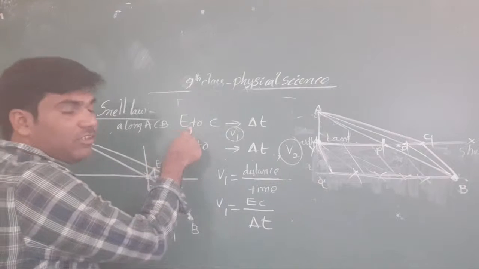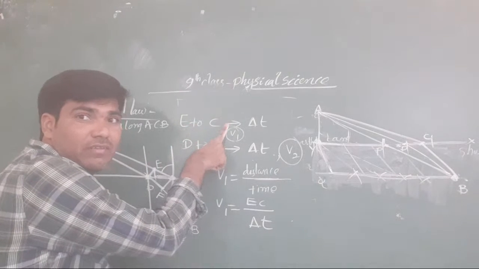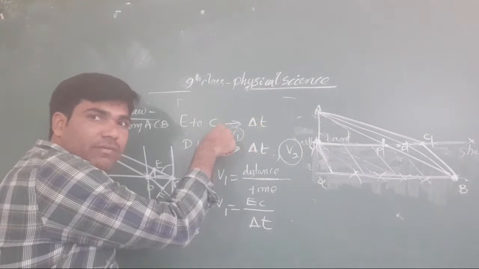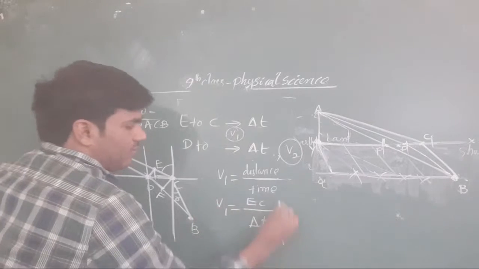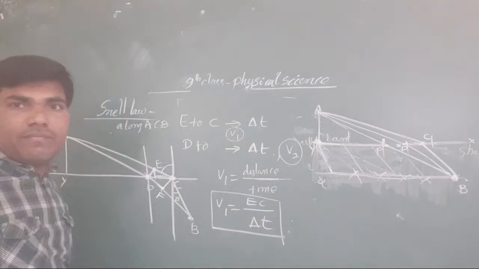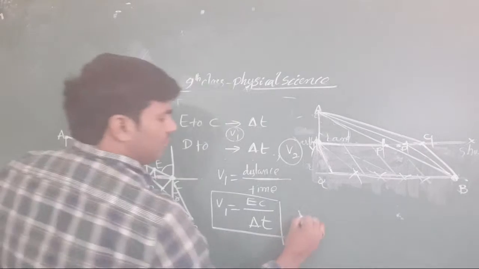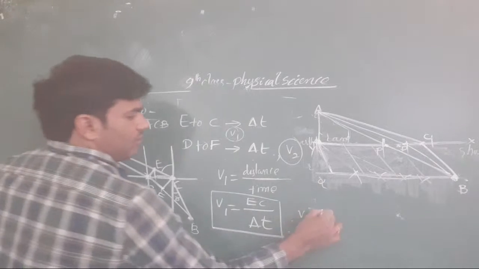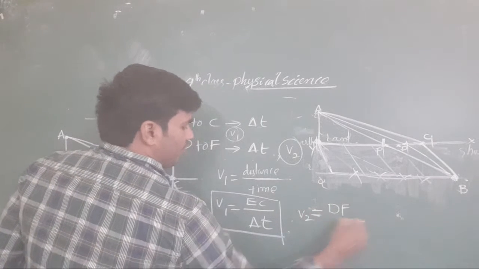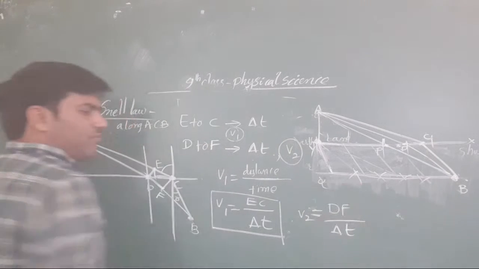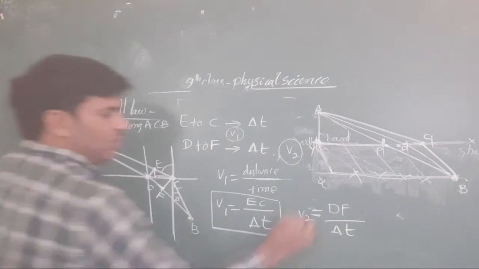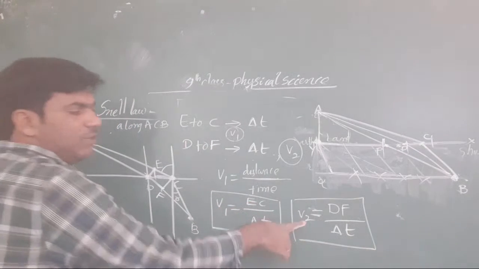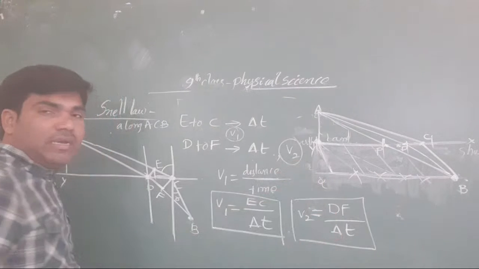For travelling the distance E to C, del T time is taken with the velocity V1. That's why V1 is written as EC by del T, and as well V2 is written as DF by del T. Okay, clear or not? So V1 is equal to EC by del T, and V2 is equal to DF by del T.